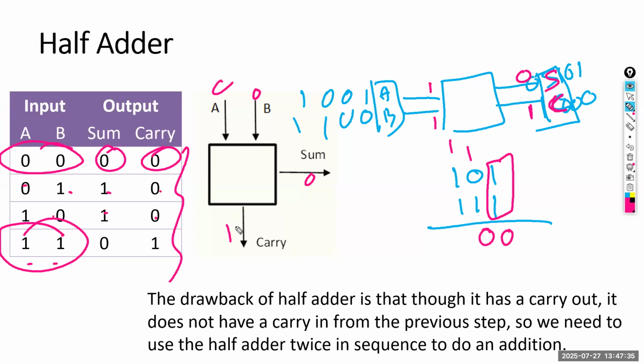Is it clear? So that is how you add numbers. Just concentrate on one column. The possibilities are 0 plus 0, 0 plus 1, 1 plus 0, 1 plus 1. 0 carry 0, 1 carry 0, 1 carry 0, 0 carry 1. So those are the four possibilities for this half adder.